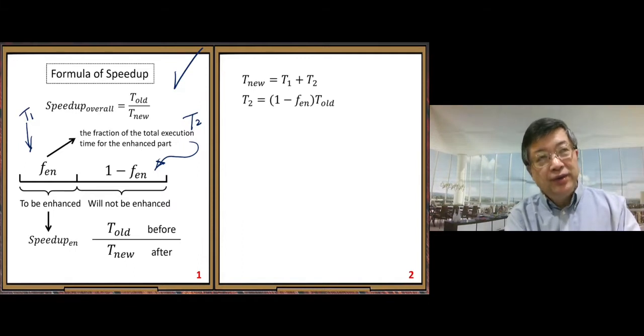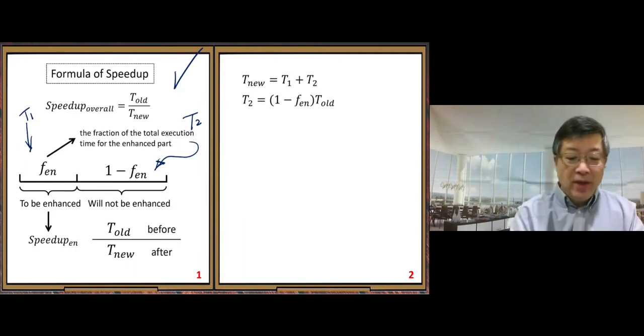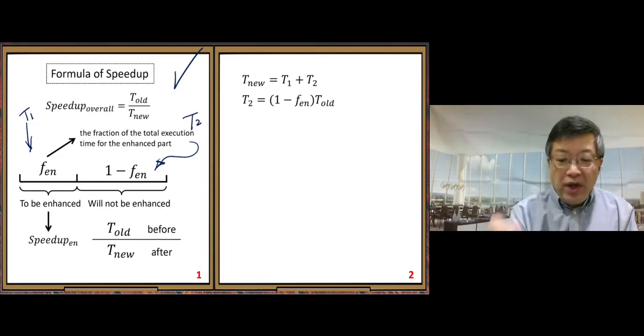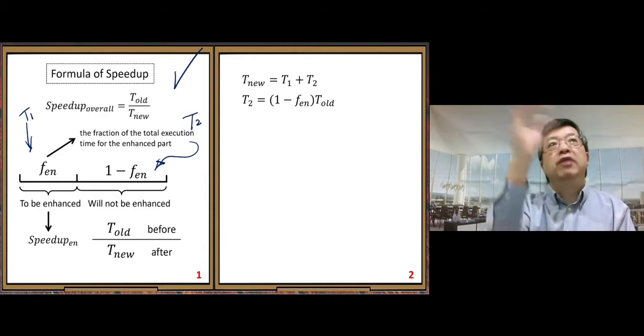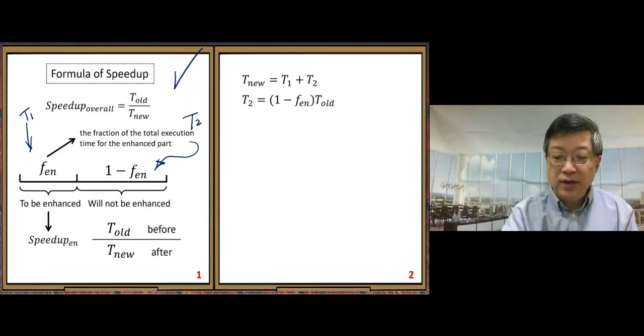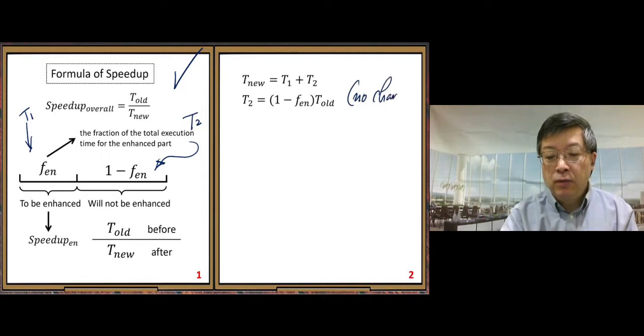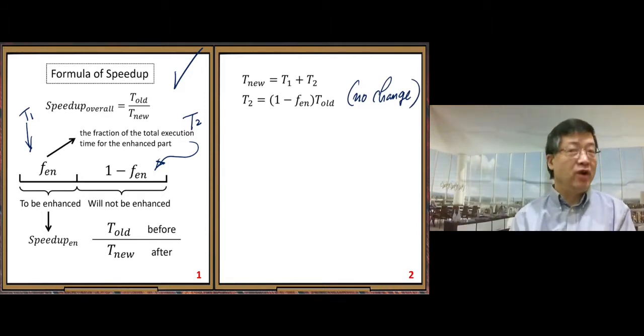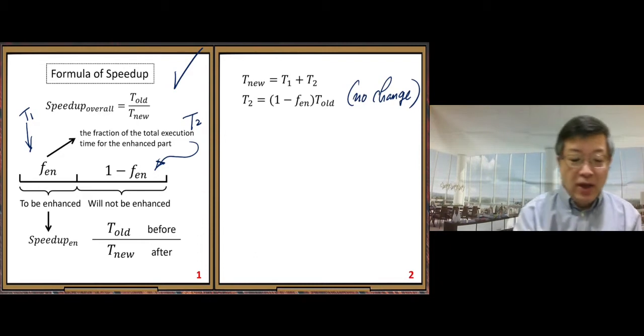Right, so very natural. But we need to put a little more detail in these two expressions, T1, T2. For T2, the T2 part is relatively easier to represent. Before enhancement, after enhancement, no difference, no change. That's why we call it the non-enhanced part, right?